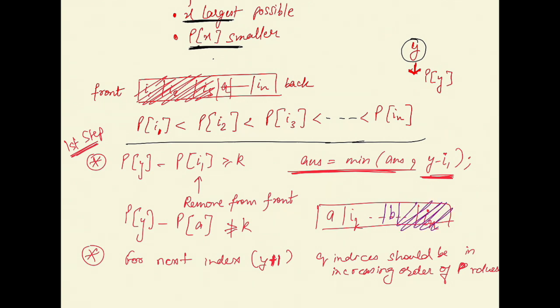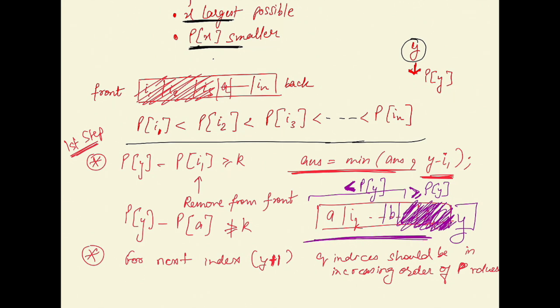If the p values corresponding to these indices are greater than or equal to p of i, we'll remove these indices and then store the current index into the queue, so that the p values corresponding to these indices are still in increasing order.